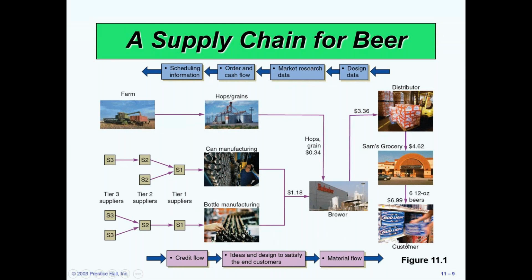The final phase, from the distributor to the customer, is always SD, but supplying is by MM, and payments are by FI. Externally, it is shown here. Remember, if I have more orders, then more raw material is collected from the farm, from the field, more sugarcane, more molasses, and that will go to the hops and grains.